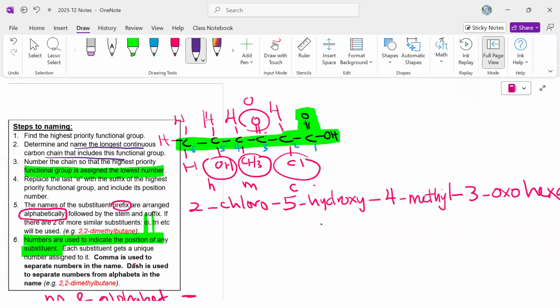Whichever direction you adopt, it must give the smallest number to the functional group, not to the substituent. They are not important. So smallest number to the main stem and suffix. Along the way, if the substituents end up with whatever number, so be it.